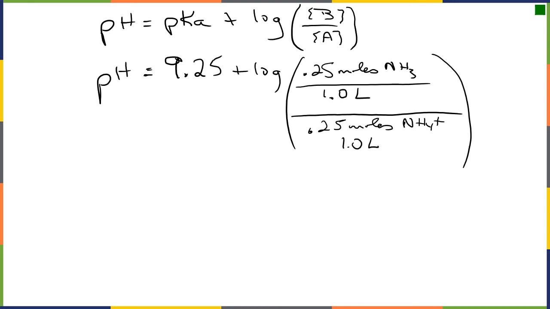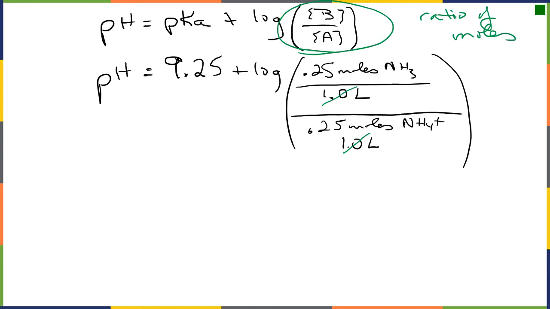Now notice, because we have this all in the same container, our volumes cancel, and in fact, on this part right here, you can just use the ratio of moles. Again, you can use the ratio of moles because the volumes are going to cancel.